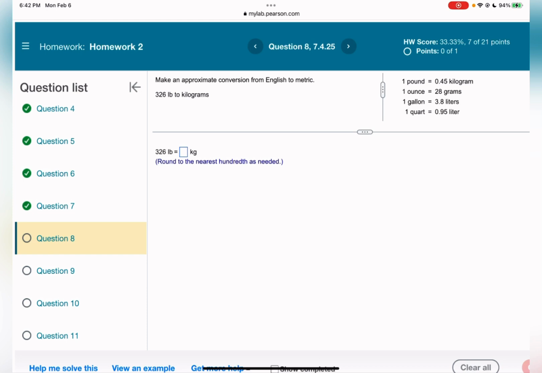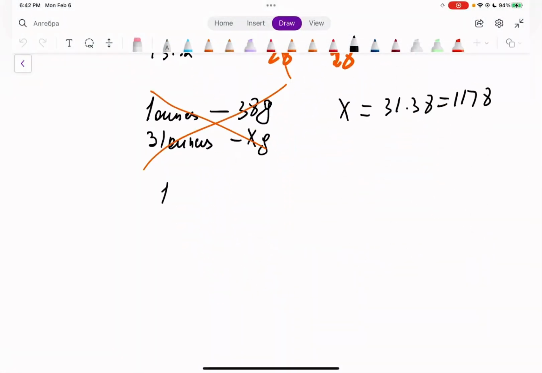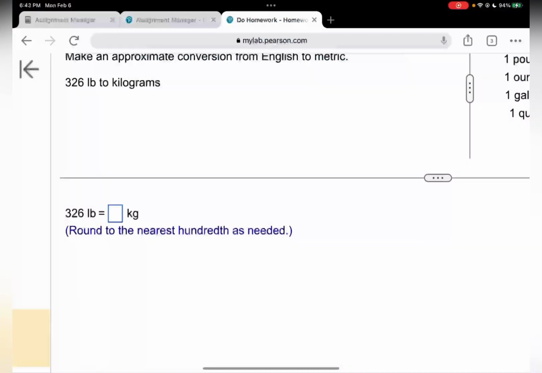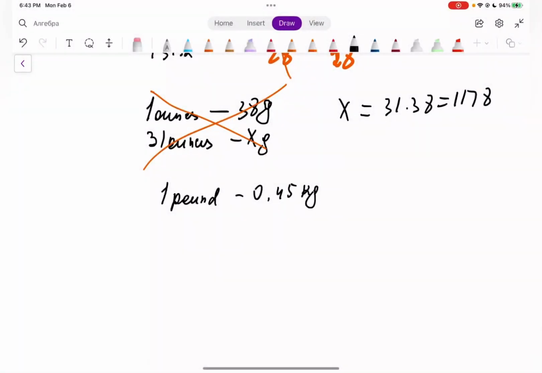So 1 pound is 0.45 kilo, right? 326 pounds, X kilos.